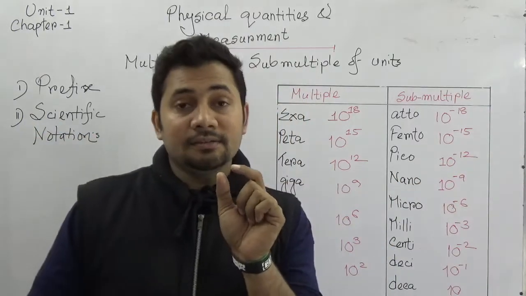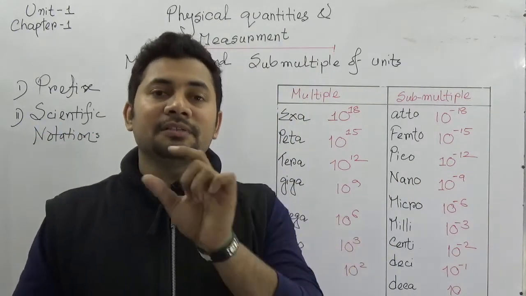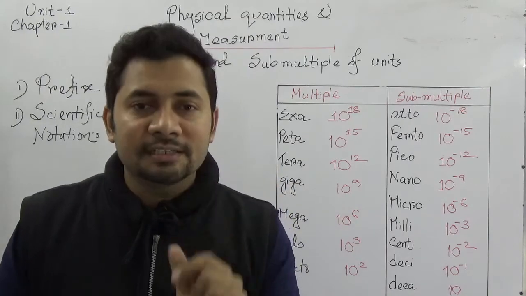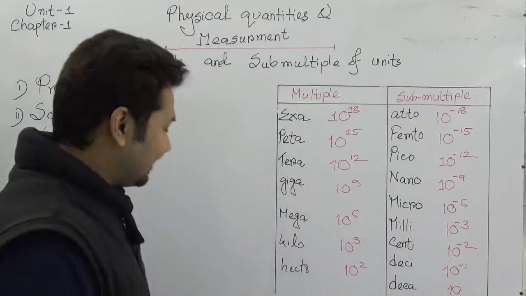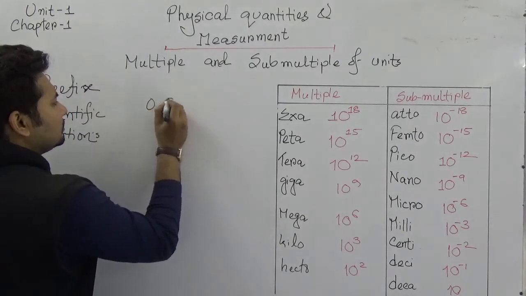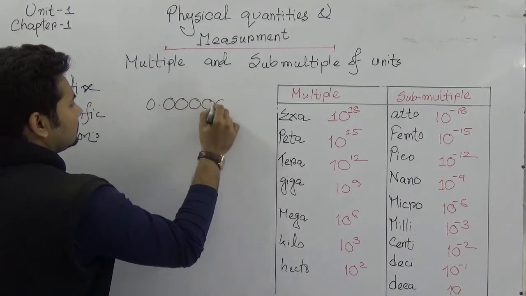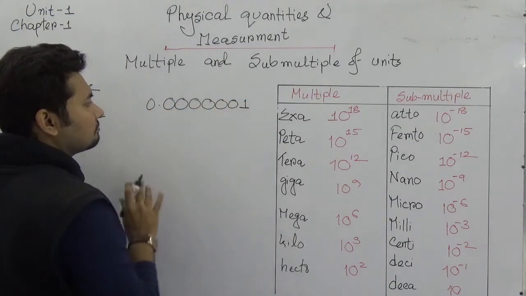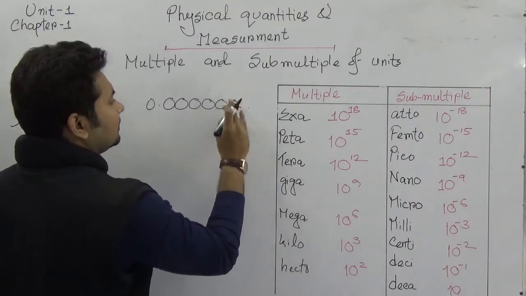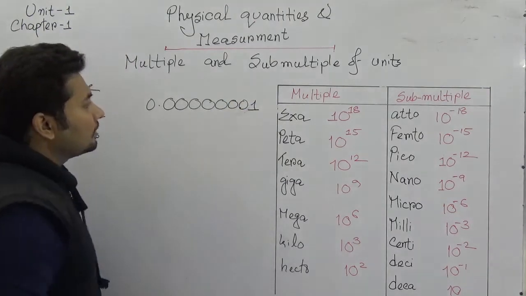Suppose we see what is written in your book, what is the distance between two molecules in air. If we see it like 0.00000001, or even I can include more 1s.